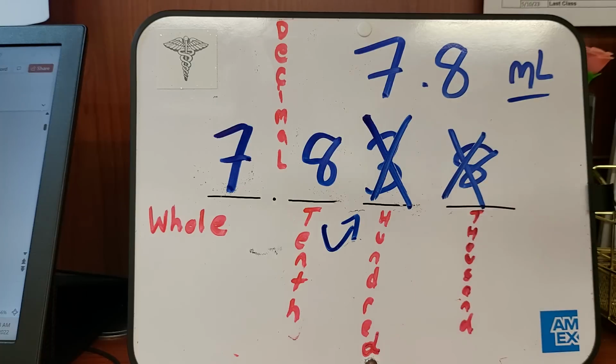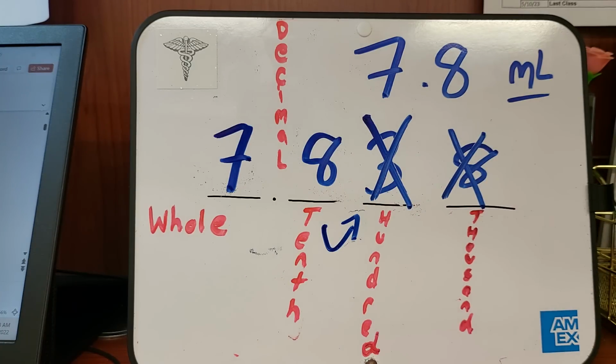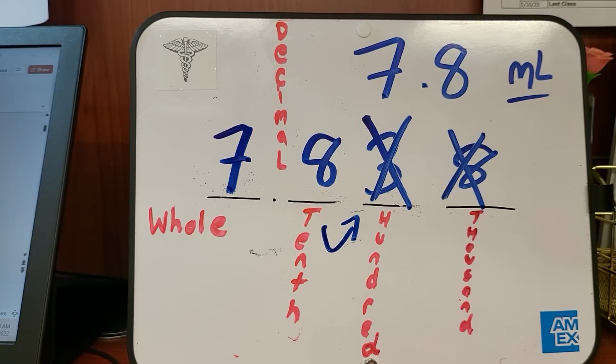We don't care what this is, because again, we can't see this with our eyes in a syringe. We can see this in a syringe. Okay? We can verify this in mLs if it was a syringe order. Now, so your answer would be the 7.8, and you leave the mLs place because that's what the question might be asking you.